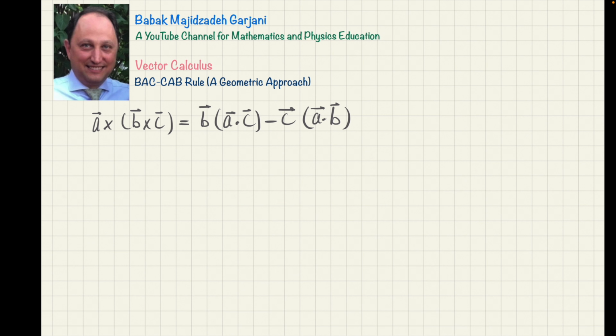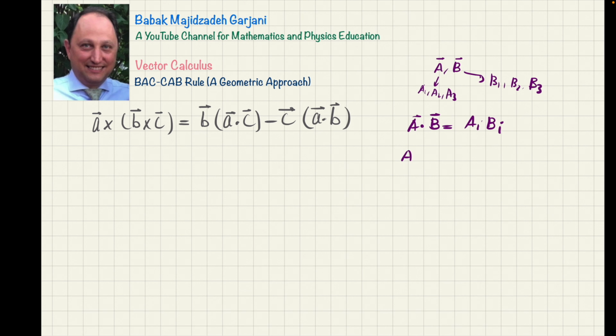So here I just remind you that if I have 2 vectors A and B, A with components A1, A2, and A3, B with components B1, B2, and B3, we have A dot B using summation convention. This is AI, BI. Repeated index means it is summed over from 1 to 3.